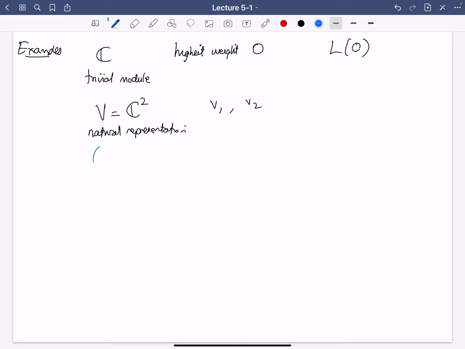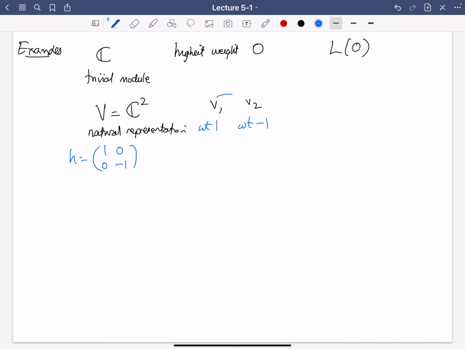And if you remember that H is just this matrix, so the way H acts on the first standard basis vector is just as 1. So this is weight 1. And the way that H acts on the second standard basis vector is just as -1, so that's weight -1.